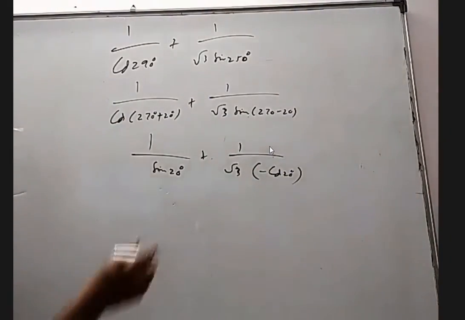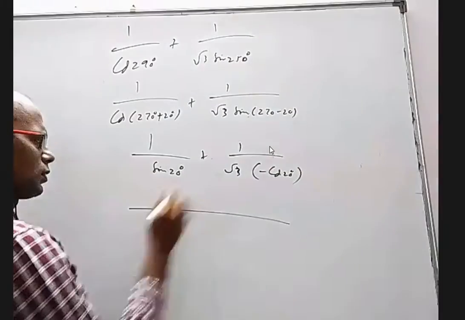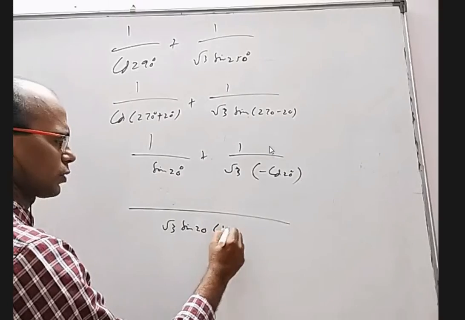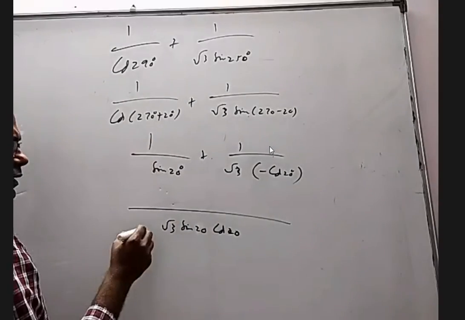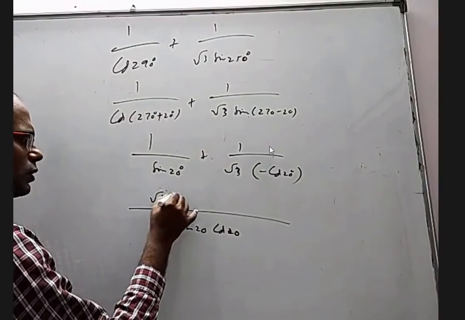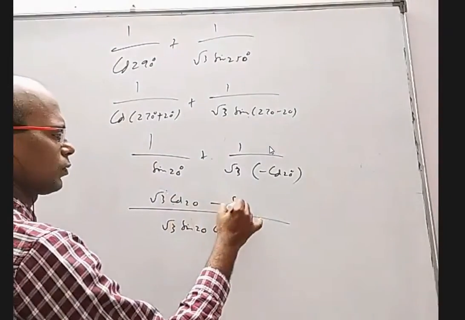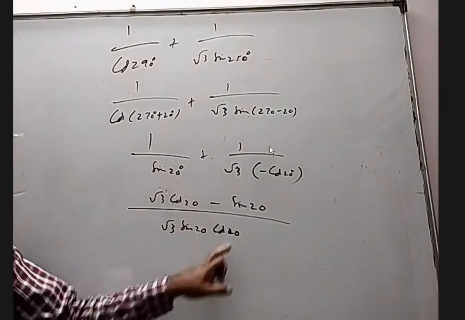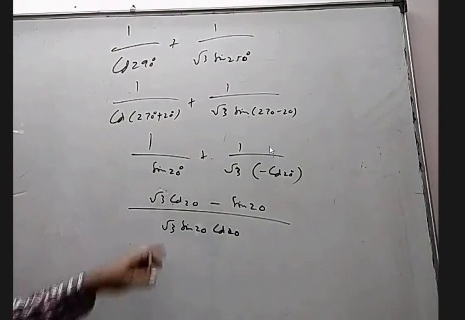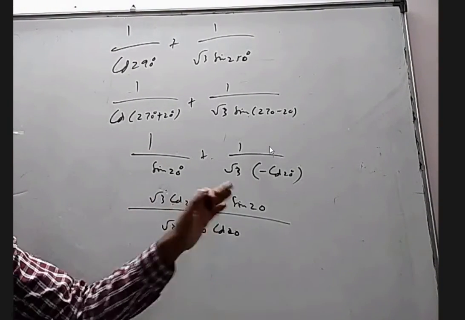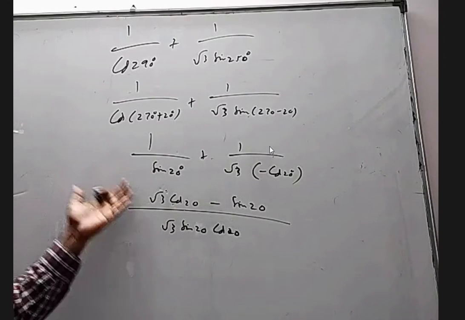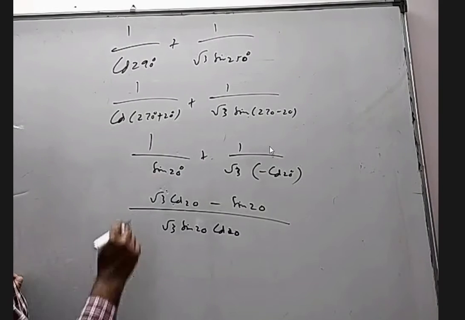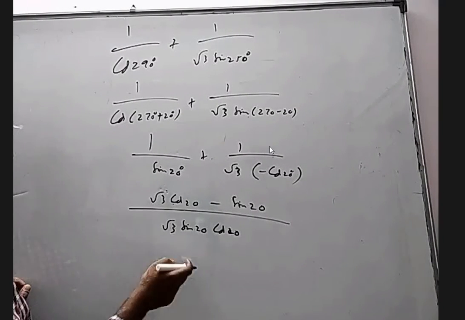Okay. I'm going to take LCM. That is root 3 into sine 20 into cos 20. Here I'll be getting root 3 cos 20, here only sine 20. Here I can use the sine 2 theta formula. What about this? Whenever you have a cos theta plus b sin theta, the standard procedure is to multiply and divide by root of a square plus b square on numerator and denominator. Here I have to multiply 2 divided by 2.